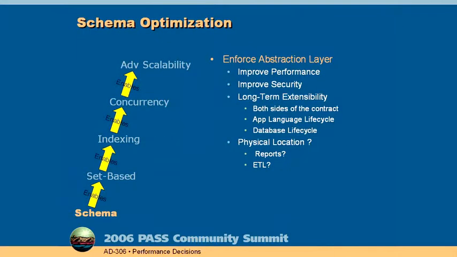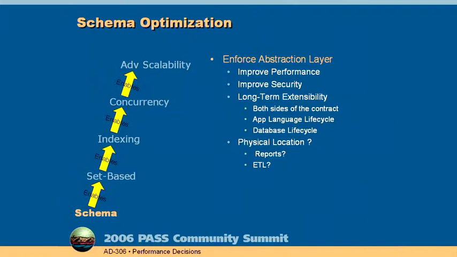And lastly, enforce a good abstraction layer to protect the schema, to encapsulate the schema. This is the only way to have long-term extensibility so the database is flexible and you can make changes without having a domino effect, breaking tons of code. This logical abstraction layer could be implemented inside stored procedures and views or in some kind of layer above.